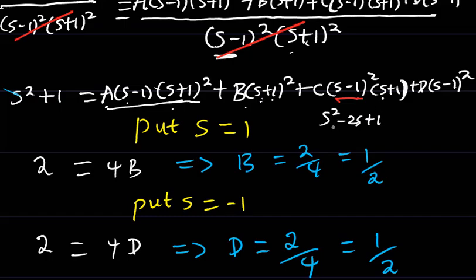So let's use x to multiply that bracket. x multiplied by x squared is x cubed. This is minus 2x squared, of course, and plus x.